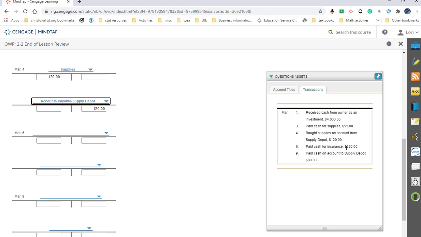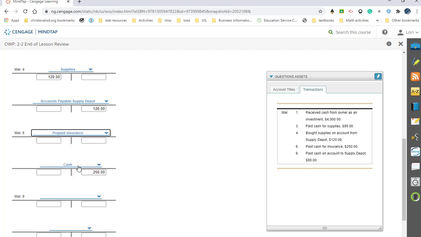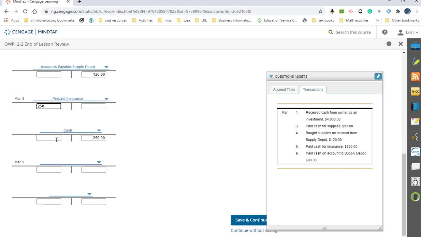Paid cash for insurance. If we paid cash, that means our cash decreased, which makes it a credit. We paid $250 for insurance. Our insurance right now is prepaid insurance. That's an asset, and it's going to increase on the debit side by $250. On March 9th, we paid off some of our debt.